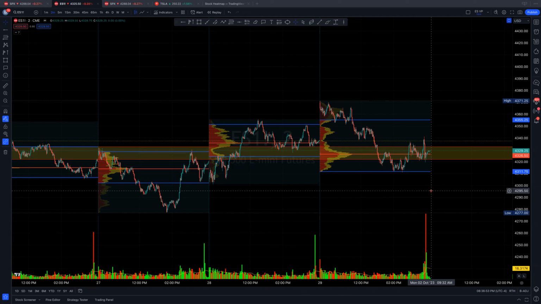Order flow, guys, is technically looking at the orders that come in. So it's just level 2. I'm not sure if you've heard of the depth of market, DOM, basically.